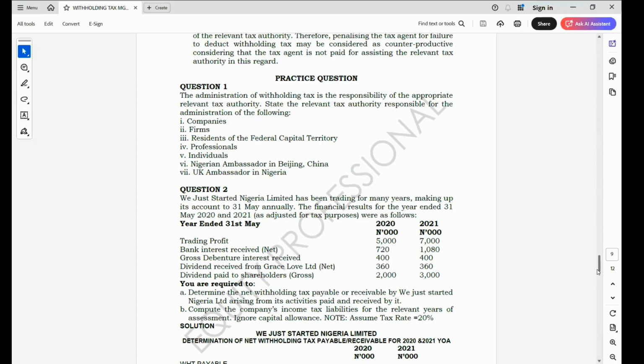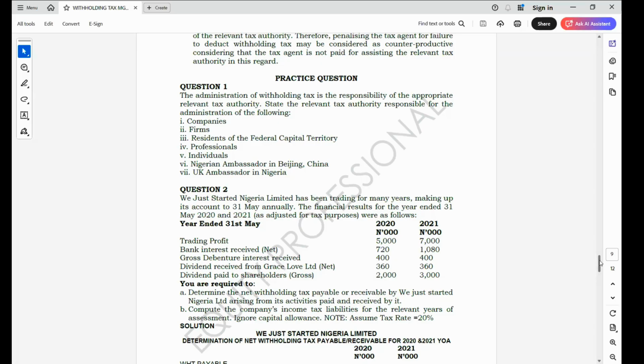So you may be asked to state the relevant tax authority relating to certain taxpayers with regard to withholding taxes. Those are the relevant tax authorities.